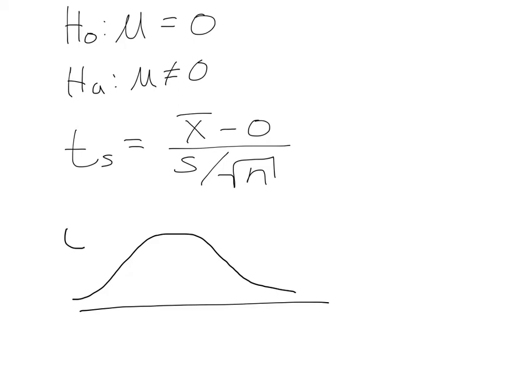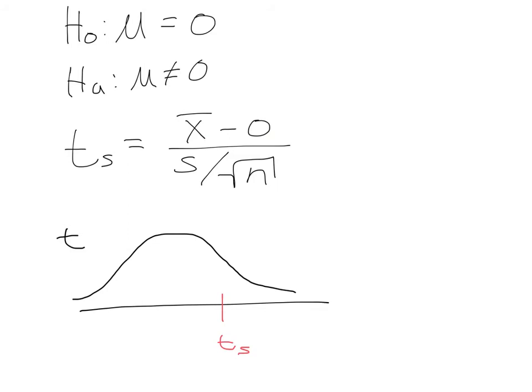This is the test statistic's distribution. The test statistic is random, because it's based off of random things like the sample mean. So it has a distribution, and we observe one value of the test statistic. Say that test statistic that we observe is here, TS.